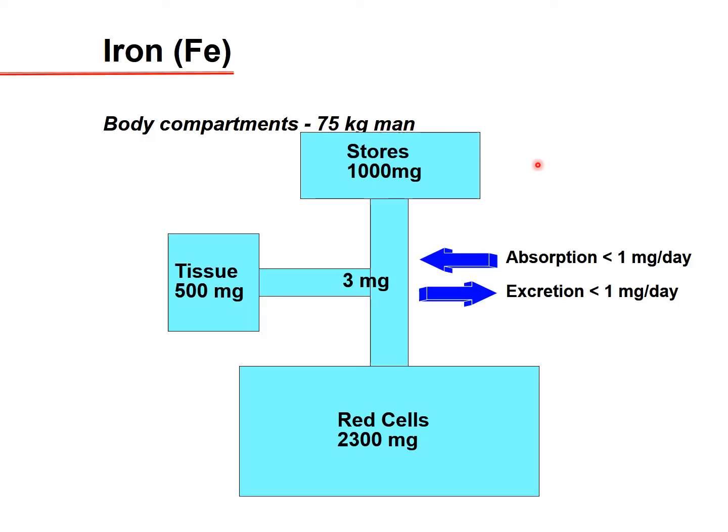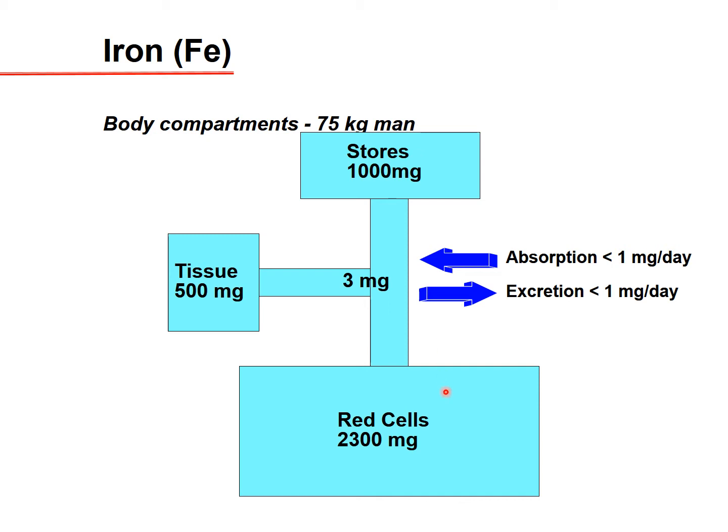Let's start with the most common type of the problem, and that's the iron deficiency anemia. Now, normally we do have about 1 gram iron in the stores.